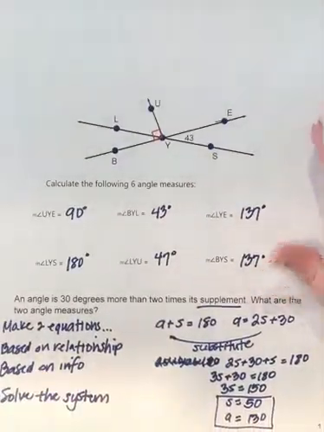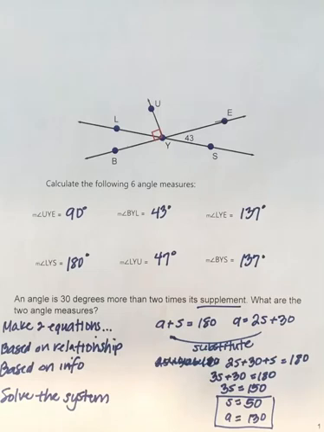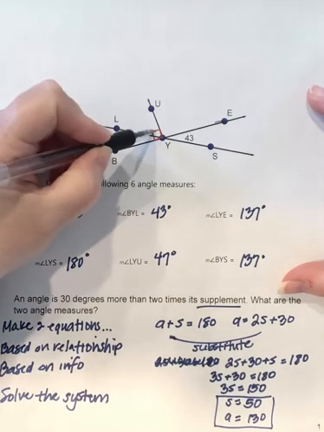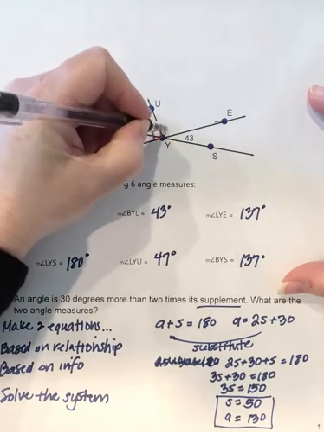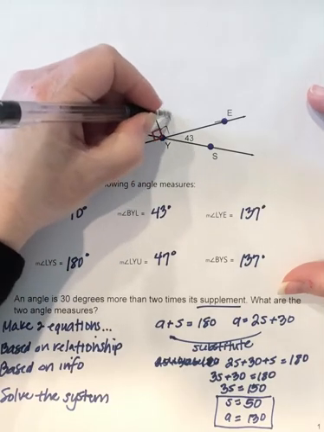Okay. My last example is what to do when you have a little bit more complex of a figure. So again, I'm going to start using what I know to figure all of this out. So I know that if there's a right angle here, there's also a right angle here, so I know that's 90.